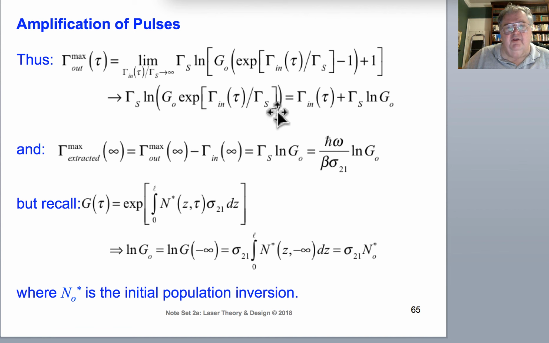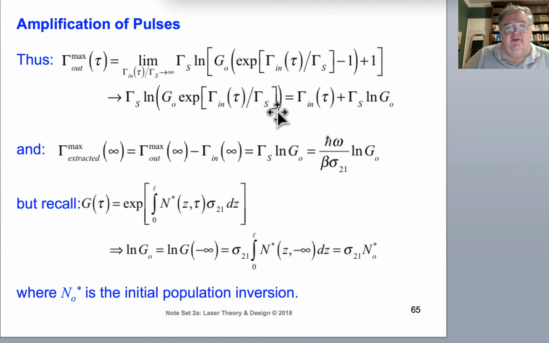And remember we had this result for the gain, but after a long time, we take the log of this, right? The log of G0, the log of G at tau equal to minus infinity. That's when we started, where it had the small signal gain, which is just this integral here when I take the log of both sides.